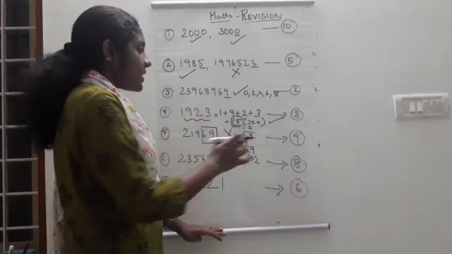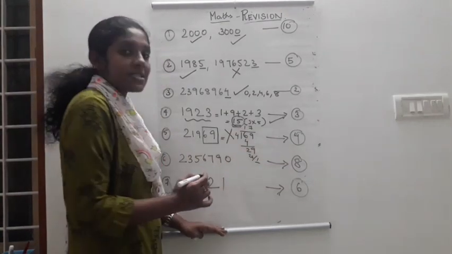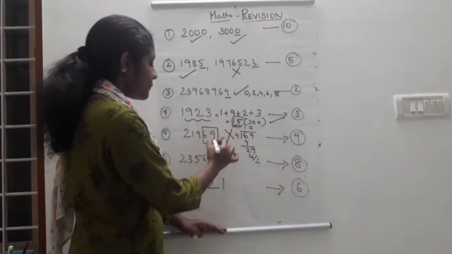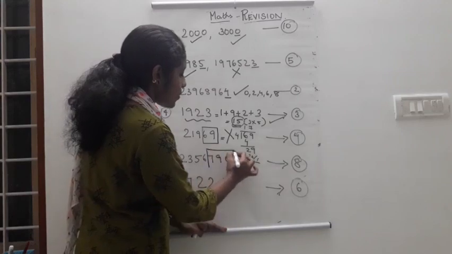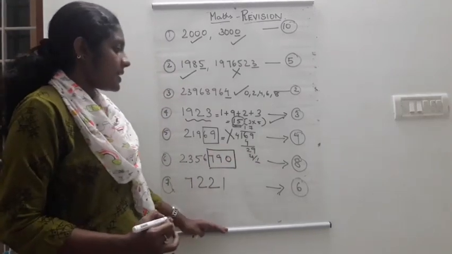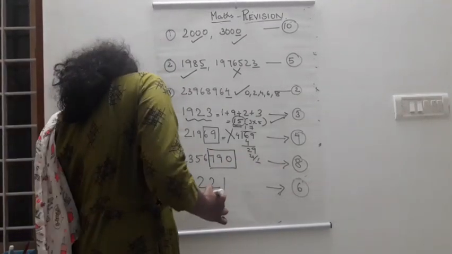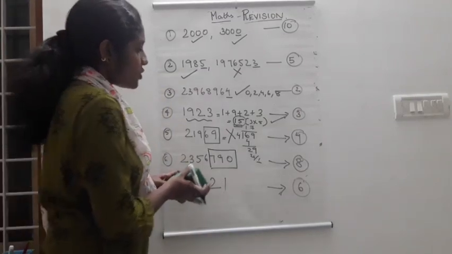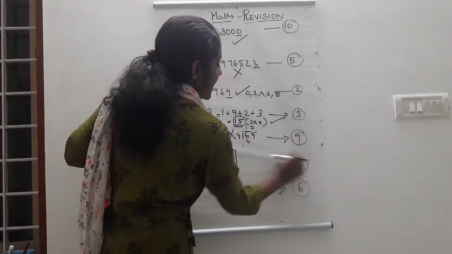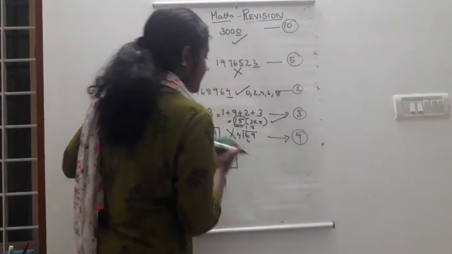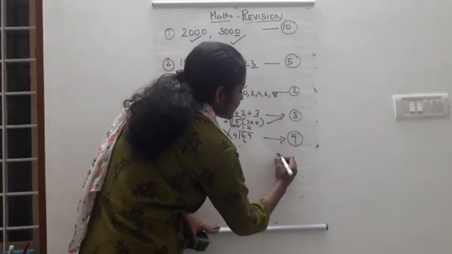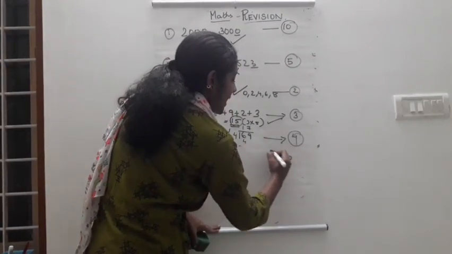Okay. So here the next is the divisibility test of 8. What was the divisibility test of 8? Same as that of 4, but you have to take the number given in the ones, tens and hundreds place. Here the number given in the ones, tens and hundreds place is 790, and you have to divide 790 by 8 and find out whether it is divisible. I am going to divide it here. 790 by 8.